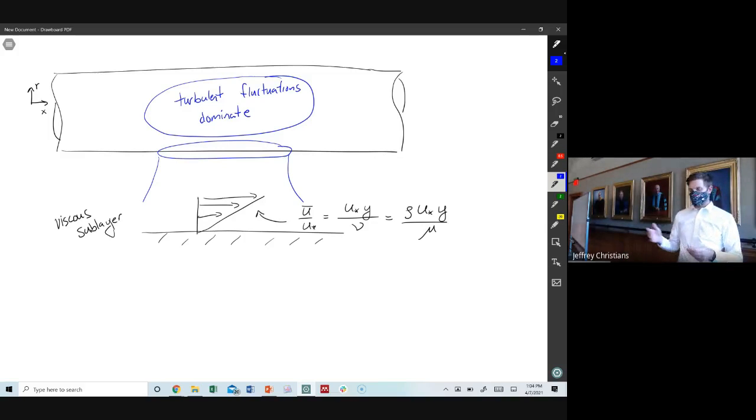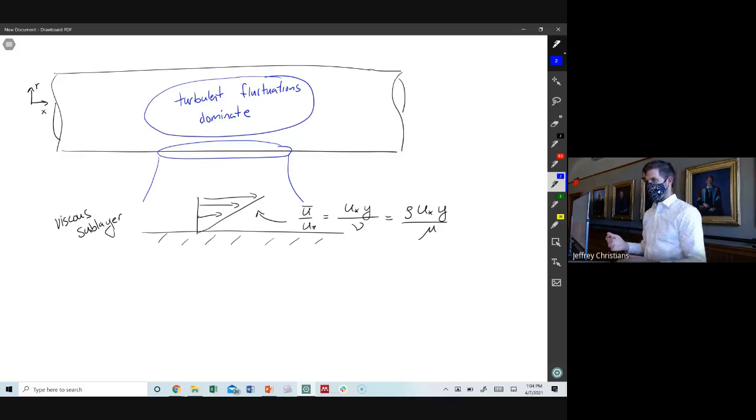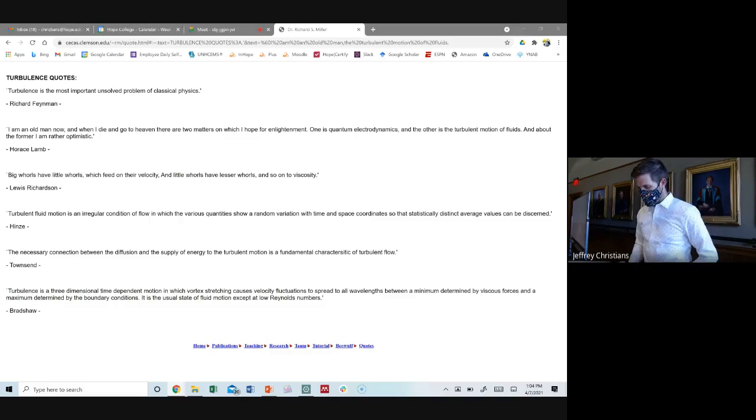I think it's worthwhile to have some understanding of where turbulence fits in the broader context of math and science and physics. So I just have a few fun quotes from various people about turbulence.